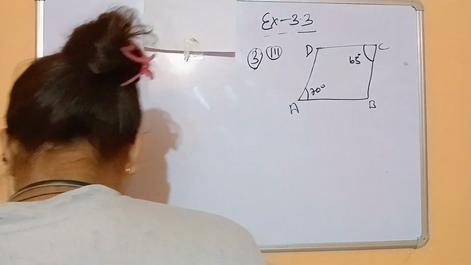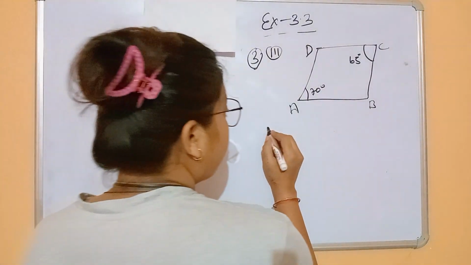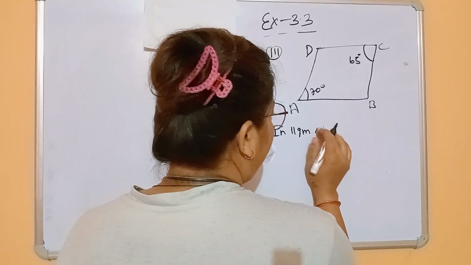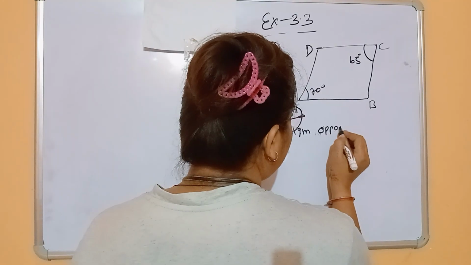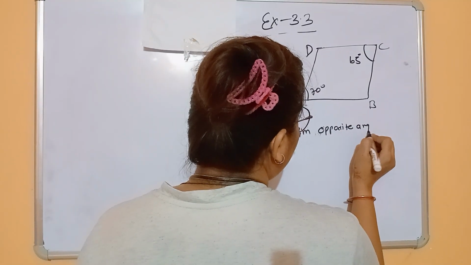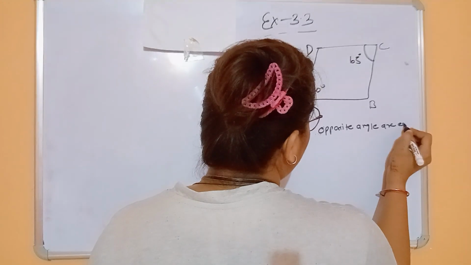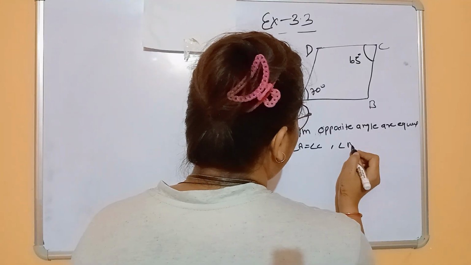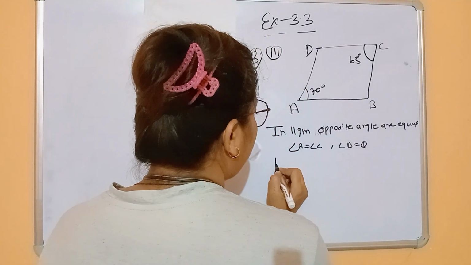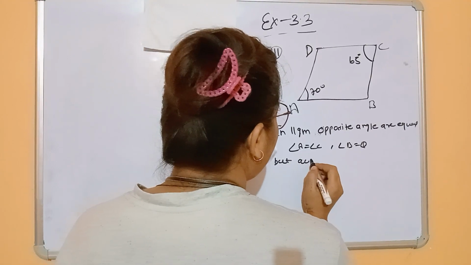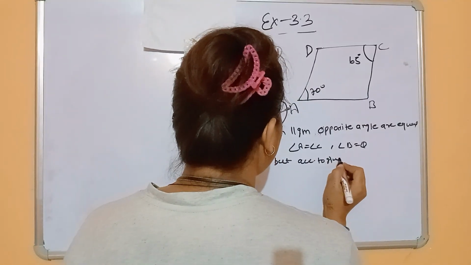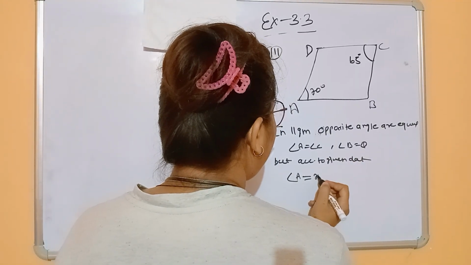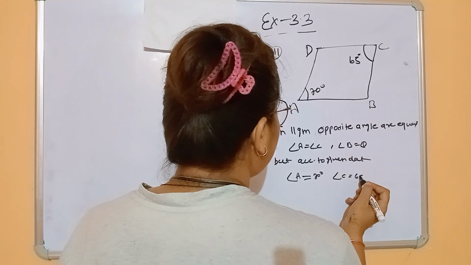So what do we write here? In a parallelogram, opposite angles are equal. That means angle A is equal to angle C, angle B is equal to angle D. But according to the given data, angle A is equal to 70 degrees and angle C is equal to 65 degrees.